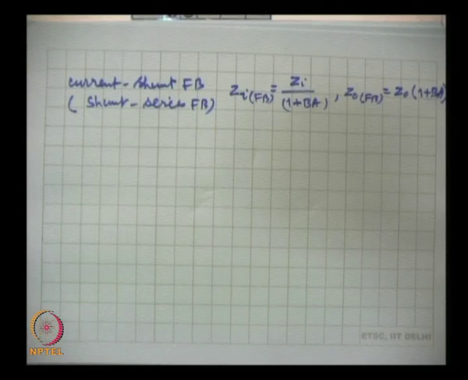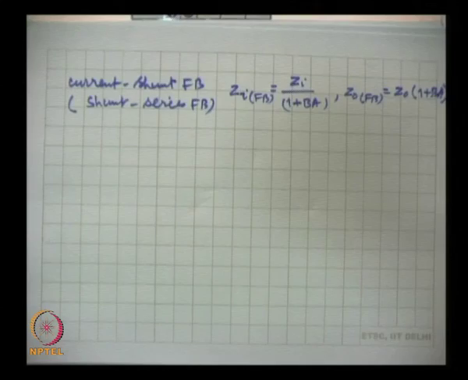So, these are the expressions for the modified impedances for an amplifier circuit which incorporates negative feedback. Depending on the requirement, sometimes the main objective of incorporating negative feedback, besides stability, is to change the input and output impedances.